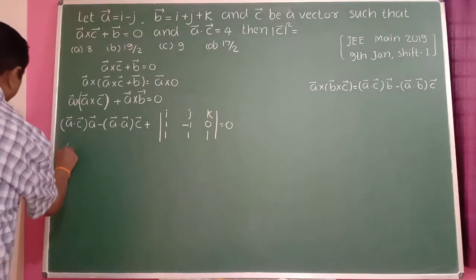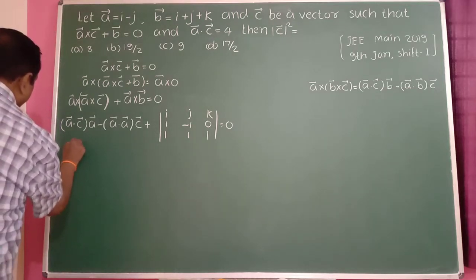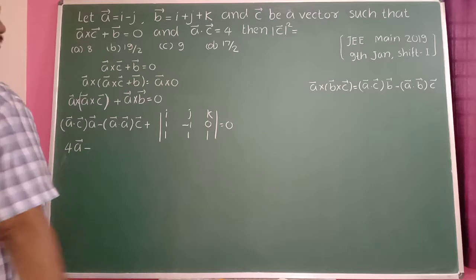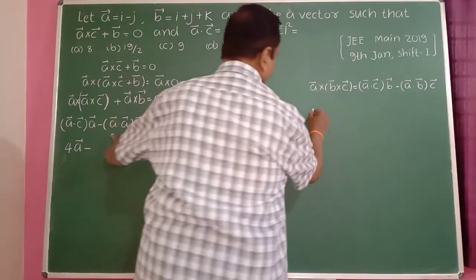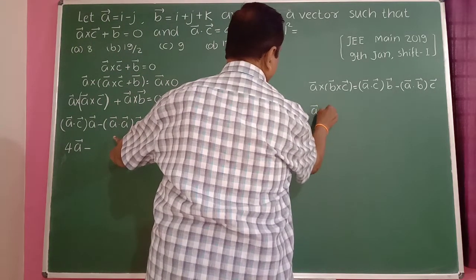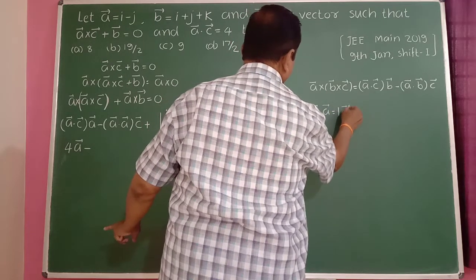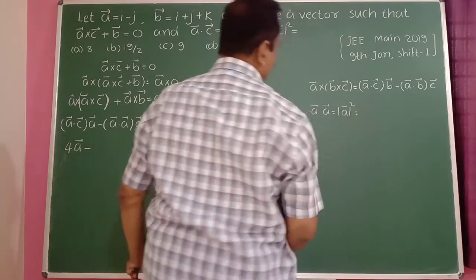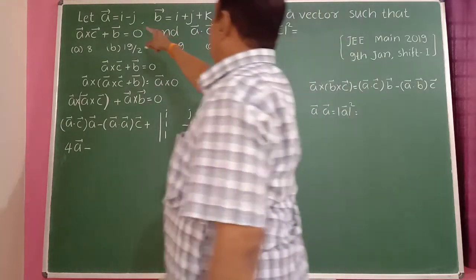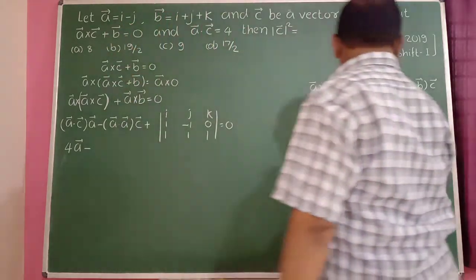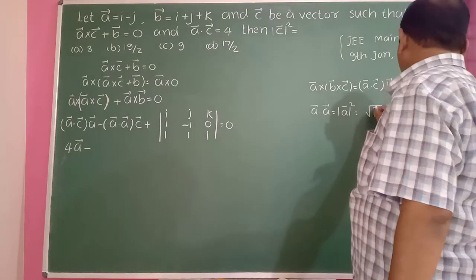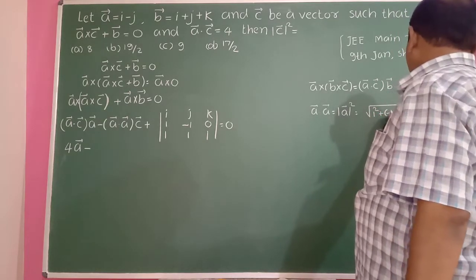A bar dot c bar is 4, so write here 4 into a bar minus a bar dot a bar. You know the property of the dot product: a bar dot a bar is modulus of a bar square. Therefore modulus of a bar is root of 1 square plus minus 1 square.